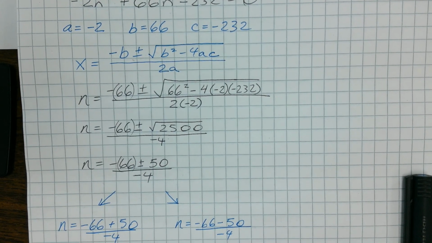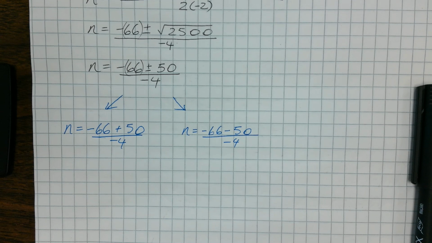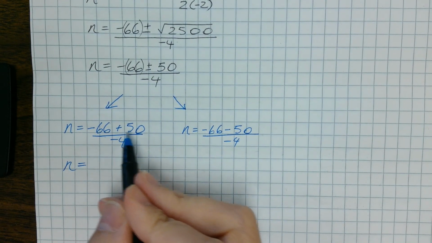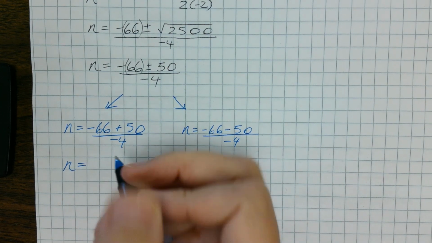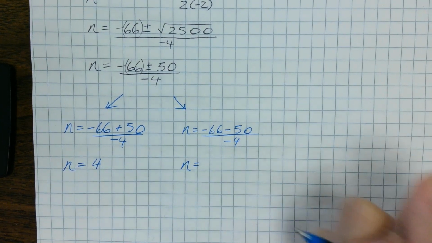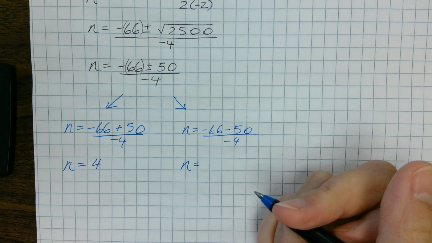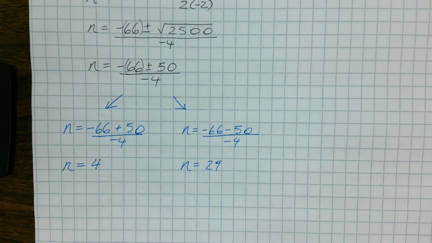So negative 66 plus 50 divided by negative 4, you get n equals 4. Negative 66 minus 50 divided by negative 4, you get 29.